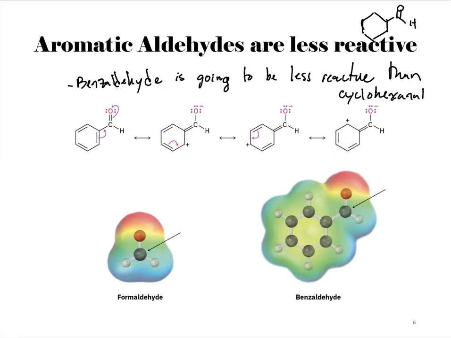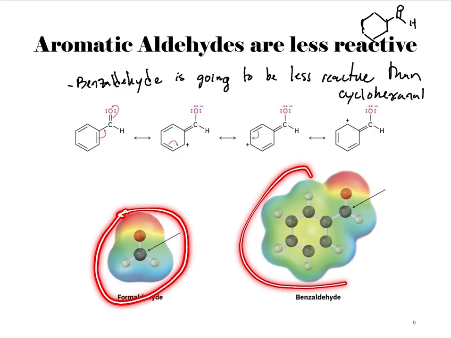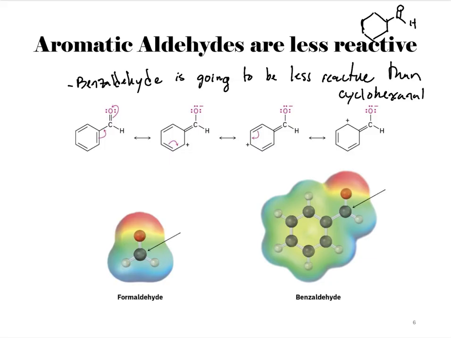And we can also look at the colors on both of these structures here, both of these electron density maps. The colors indicate how dense the electrons are there. It doesn't change the volume of it at all. It just gives you a different color, right? So this red here means that there's a lot of electron density here.